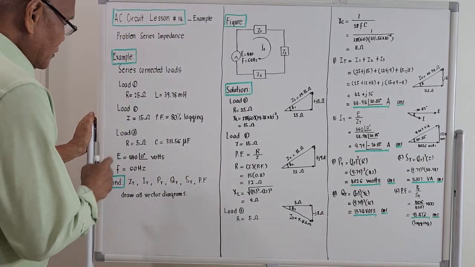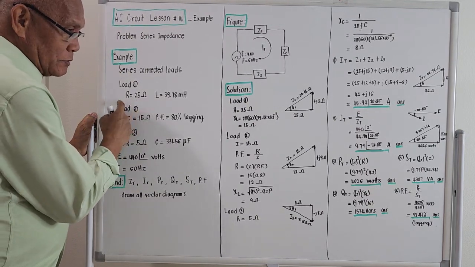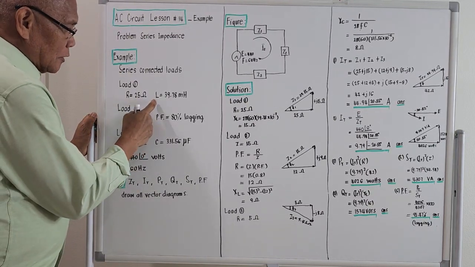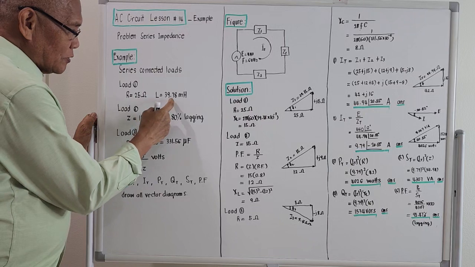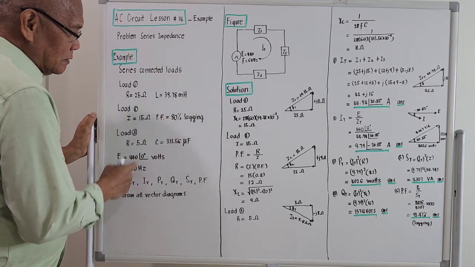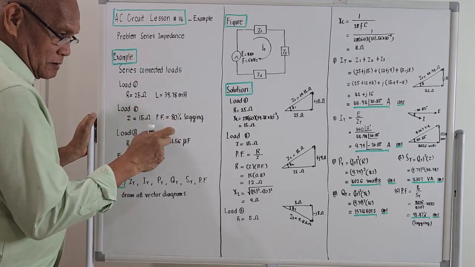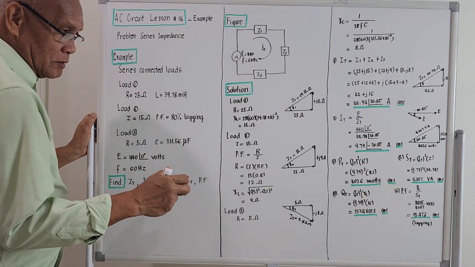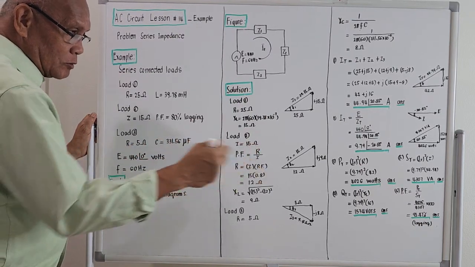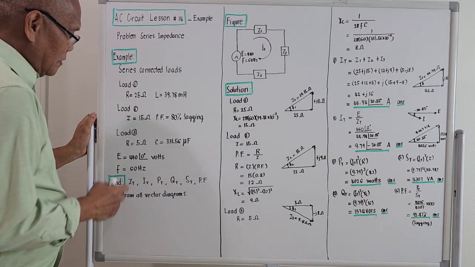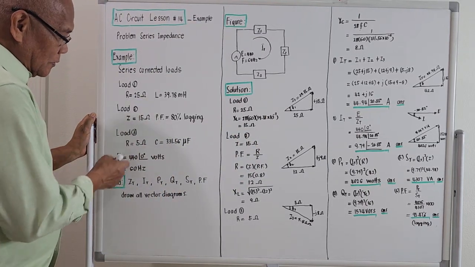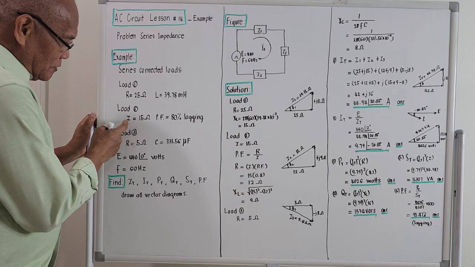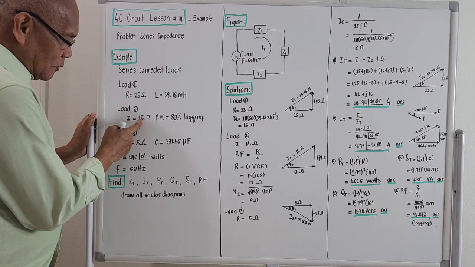Load number 1 has a resistance of 25 ohms, and L is 39.78 millihenry. L is an inductance, a coil, so it could be a motor load maybe. Load number 2: what is given is the total value of the impedance, 15 ohms.